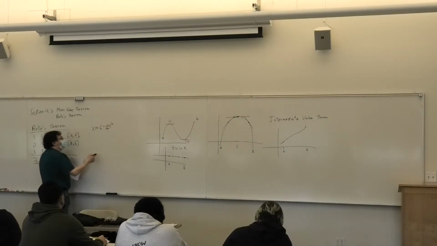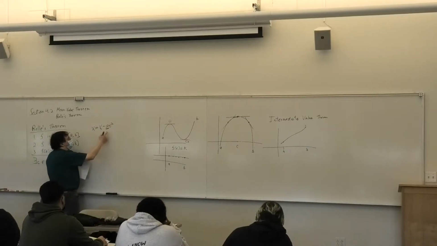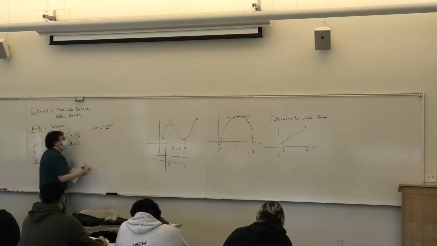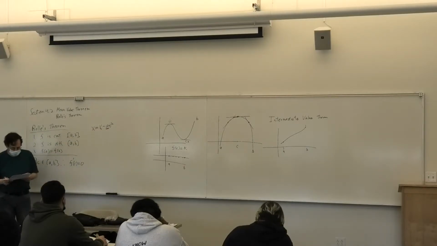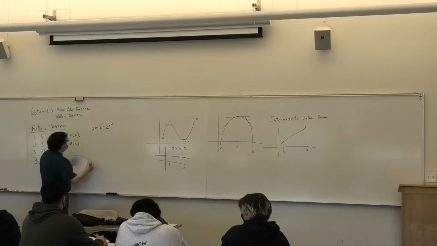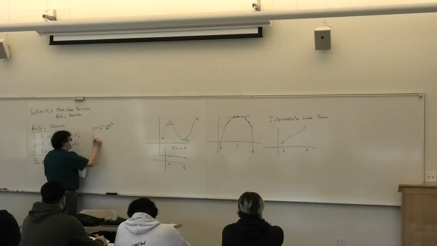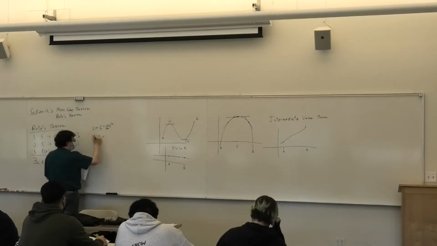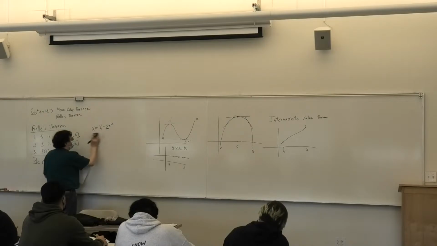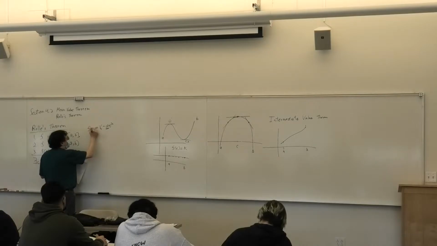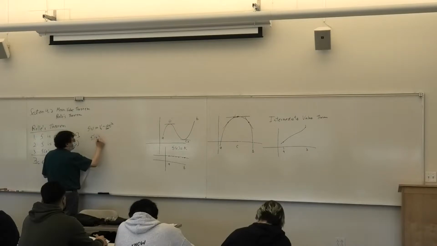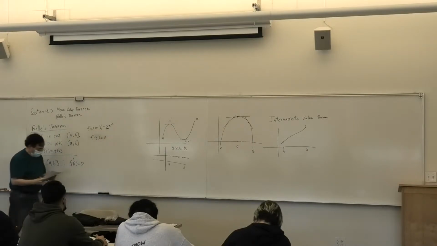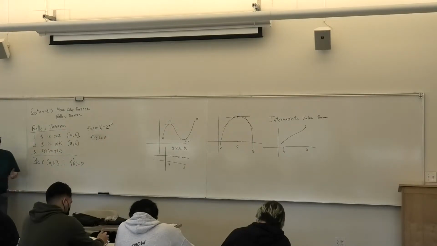This tells me at some point the velocity, the derivative of x, is going to be zero. If its position is f of x, its derivative at some time has to equal zero. So that's Rolle's theorem.